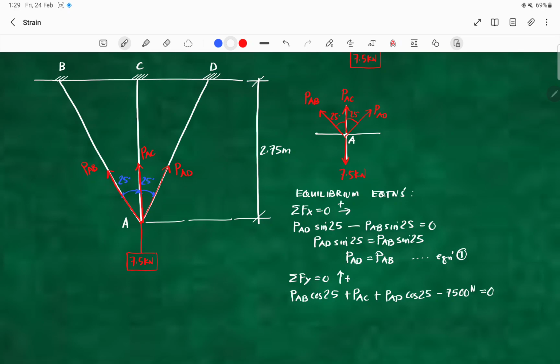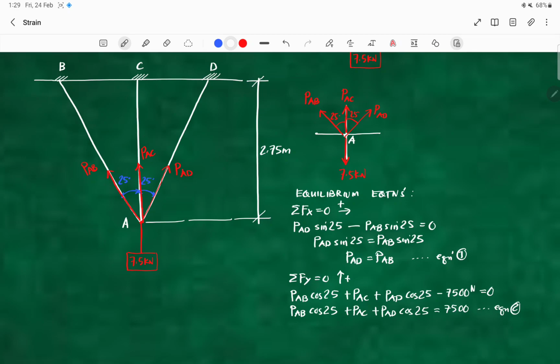So, this must be equal to 0. So, bali dito, meron na tayong equation na force AB cosine 25 plus force AC plus force AD cosine 25 is equivalent to 7,500. Sabihin natin this is our equation 2.